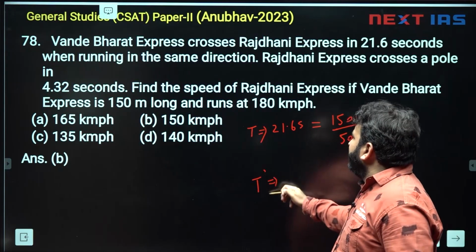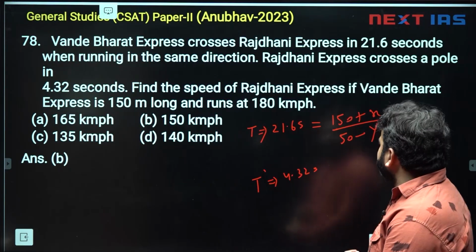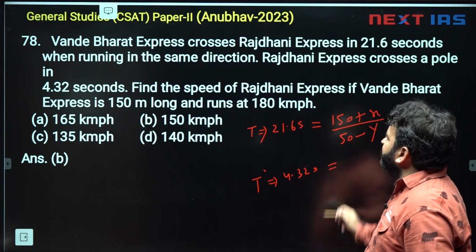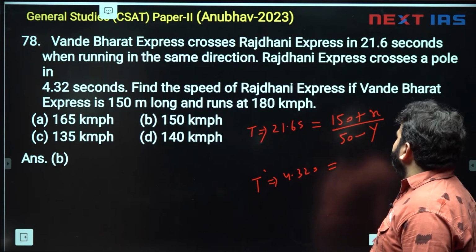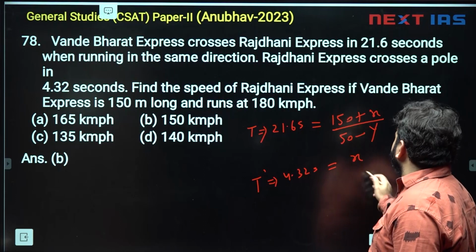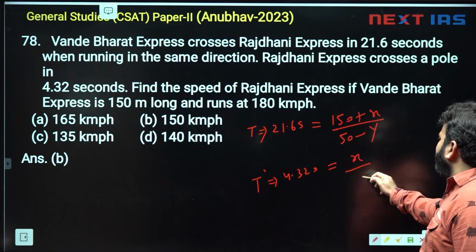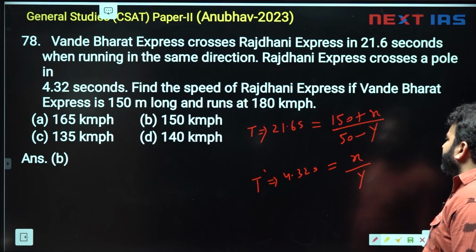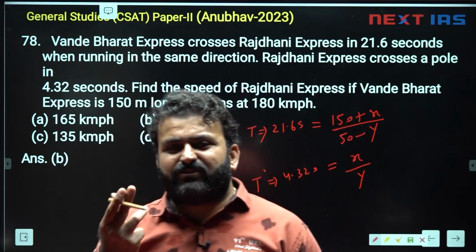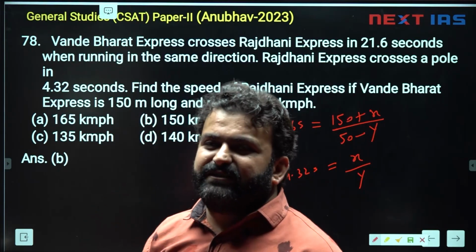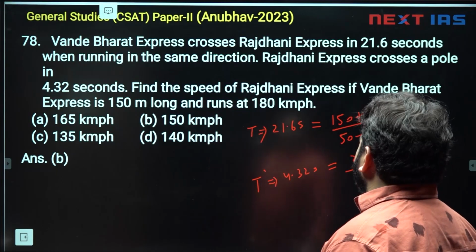Time t dash for Rajdhani is 4.32 seconds. In this much time it crosses alone, so it will be x upon y, because while crossing a pole the distance covered by the train equals its own length, and distance upon speed gives x by y. So you just solve it.